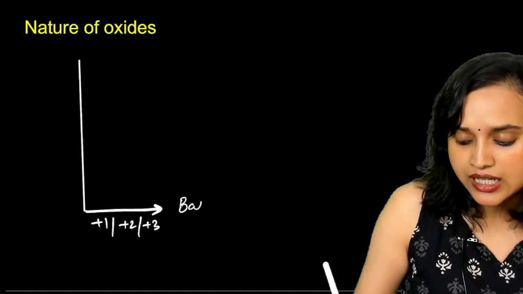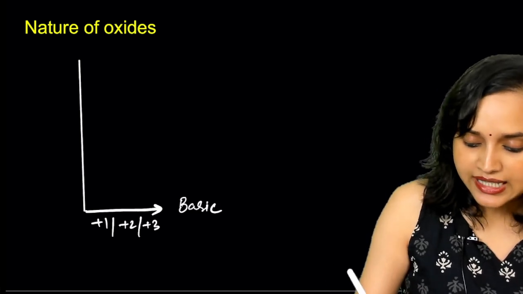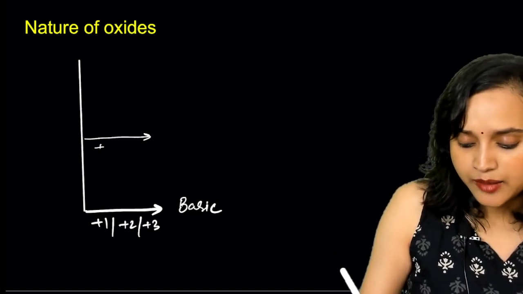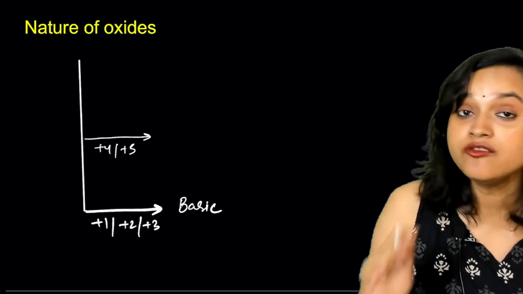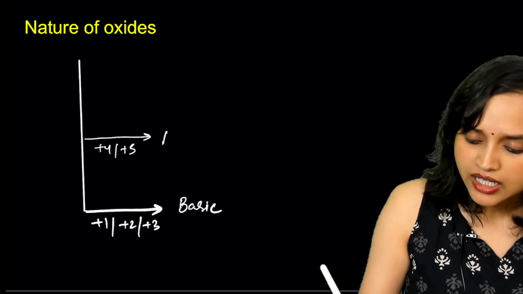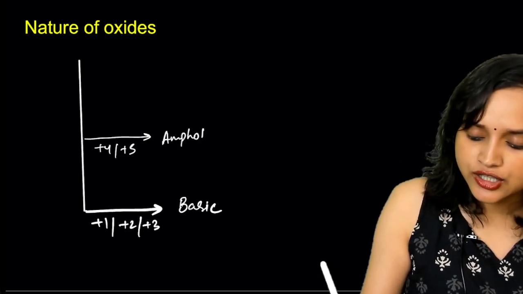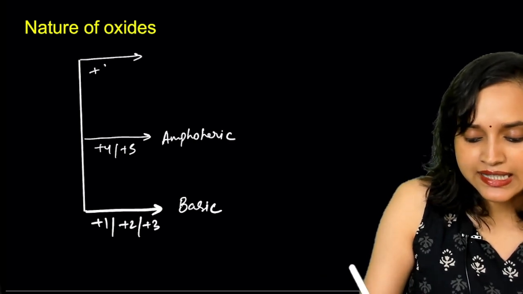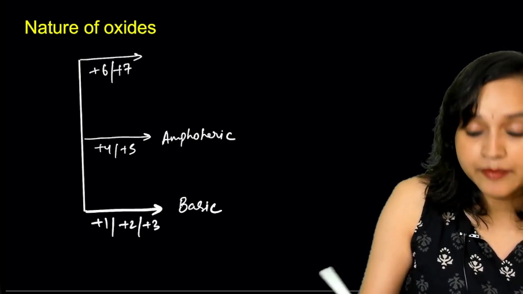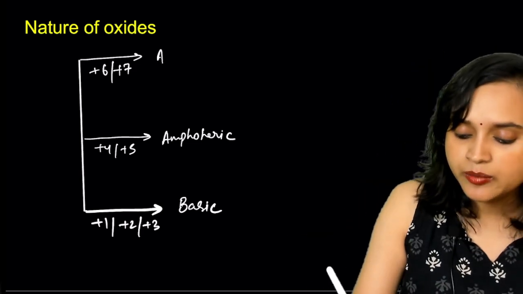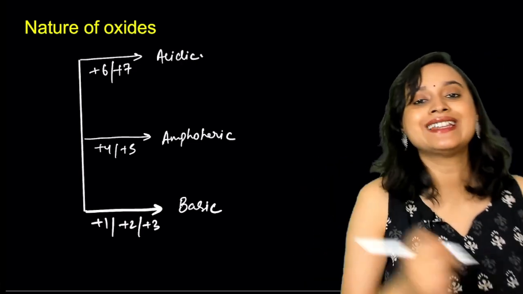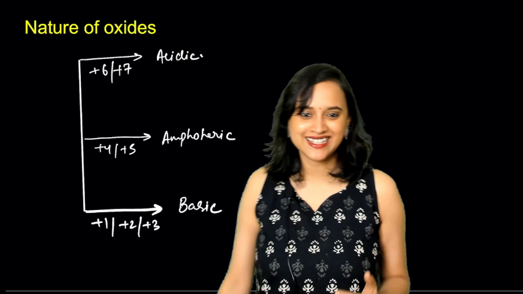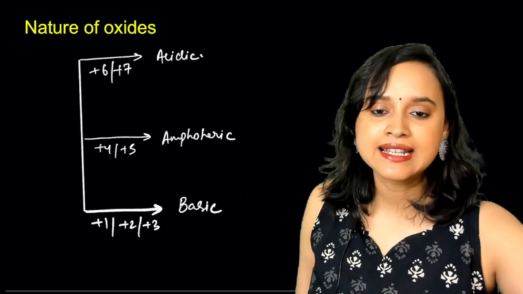Usually you will find that +4 and +5 to some extent will be amphoteric in nature. And if you go even above, that is +6 and +7, and sometimes even +5, they will be acidic in nature. So we say that as the oxidation state increases, they become more acidic in nature.